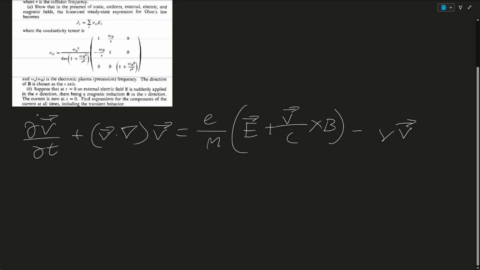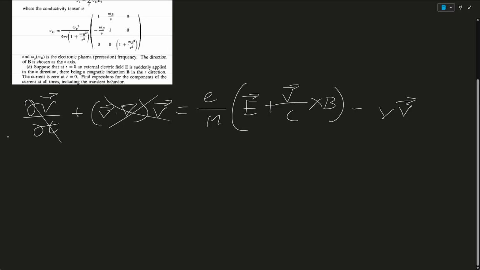Now for a steady-state linearized approximation, we can just assume that partial derivatives are 0. Or not assume, that's kind of the definition of steady state. And we'll neglect this second order term. So basically this whole side becomes 0.